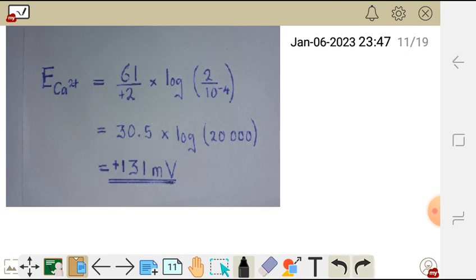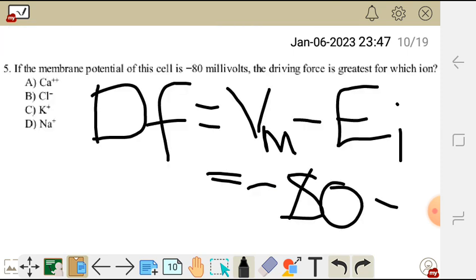So positive 131 minus the membrane potential, we are going to have a big positive number. So the correct answer will be A. It is calcium in this case which has the greatest driving force.